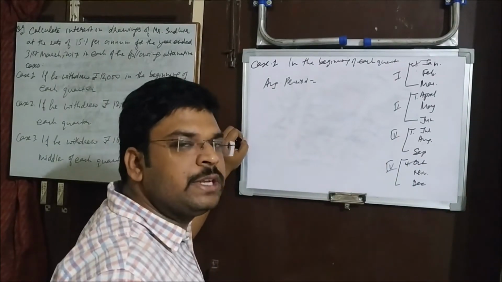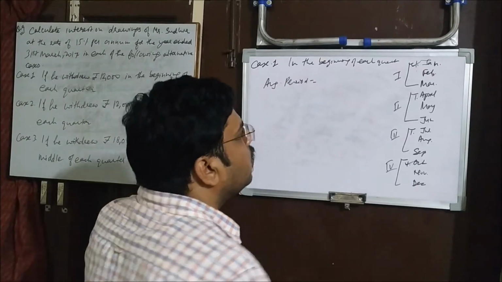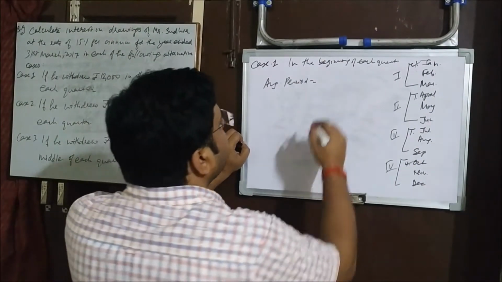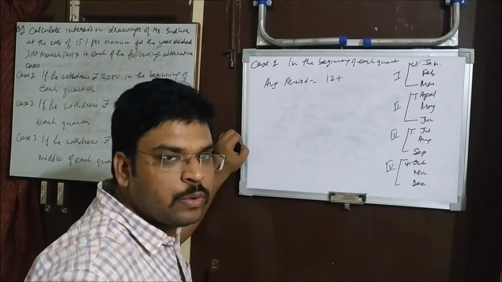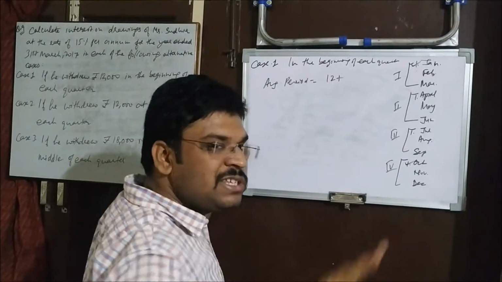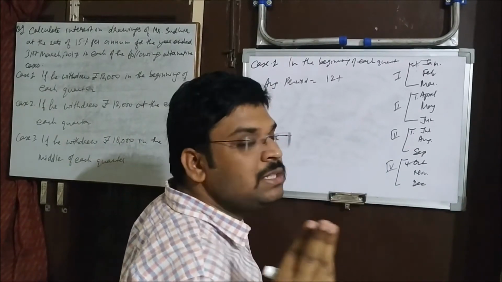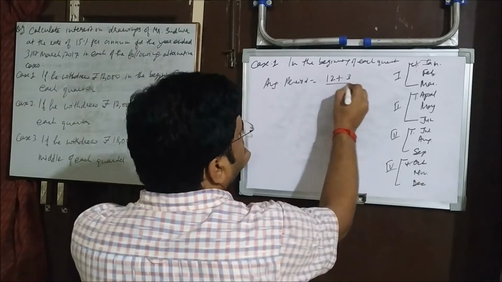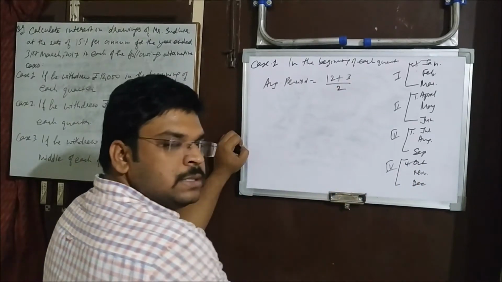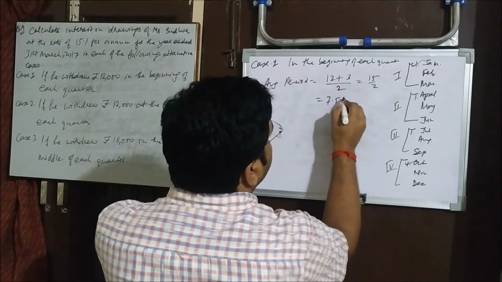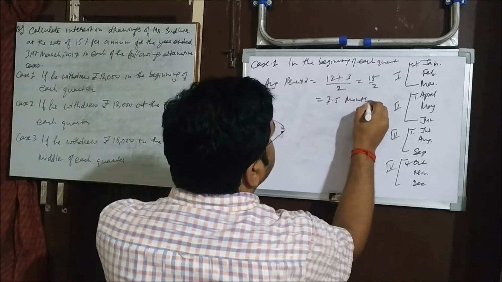From 1st January, for the complete year, 12 months are left. And from 1st October till 31st December, there are 3 months left: October, November and December. So it becomes 15 by 2, that means 7.5 months.